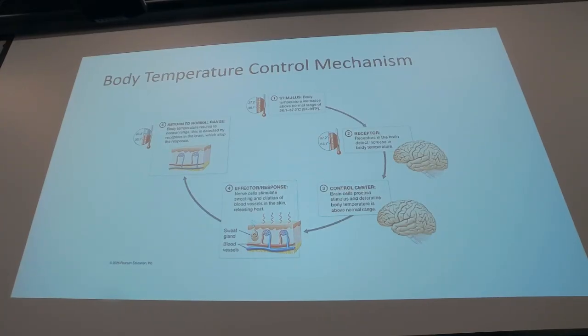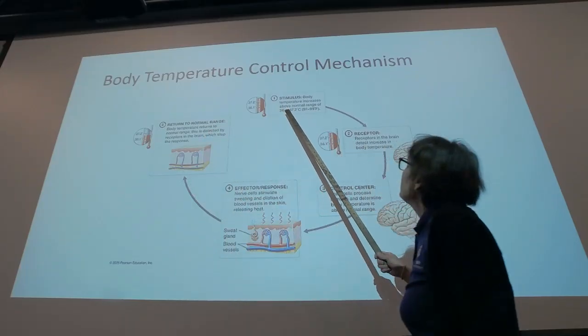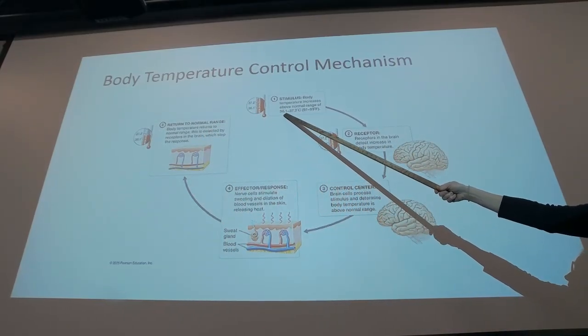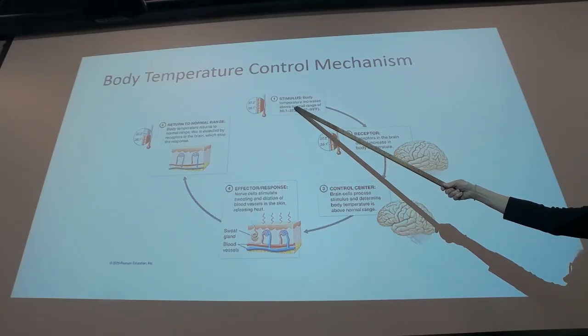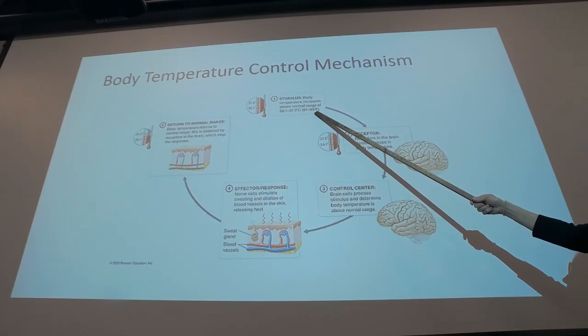So here is the example of body temperature control. Our body temperature can fluctuate between 36.1 and 37.2 degrees Celsius, or between 97 and 99 Fahrenheit.